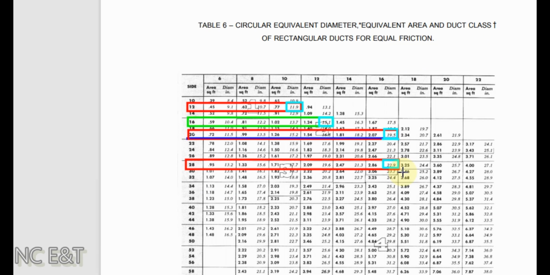For the size of 20 by 16, we will select the round diameter 19.5. For the duct size 16 by 12 inch, we will select the round 15.1, and for the size 12 by 10, we will select the round diameter 11.9.